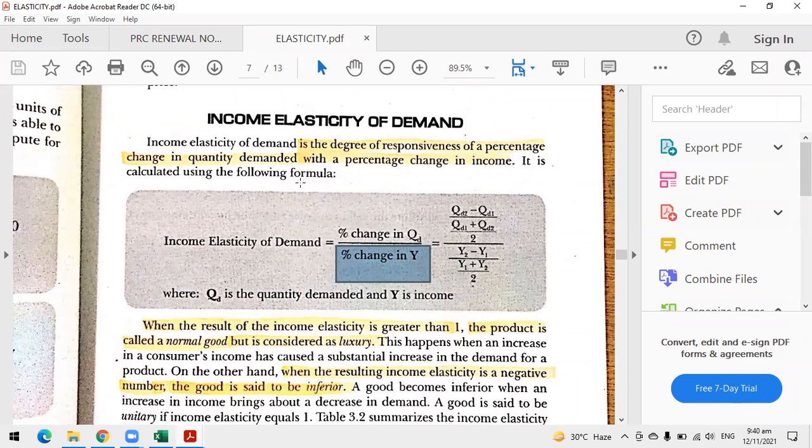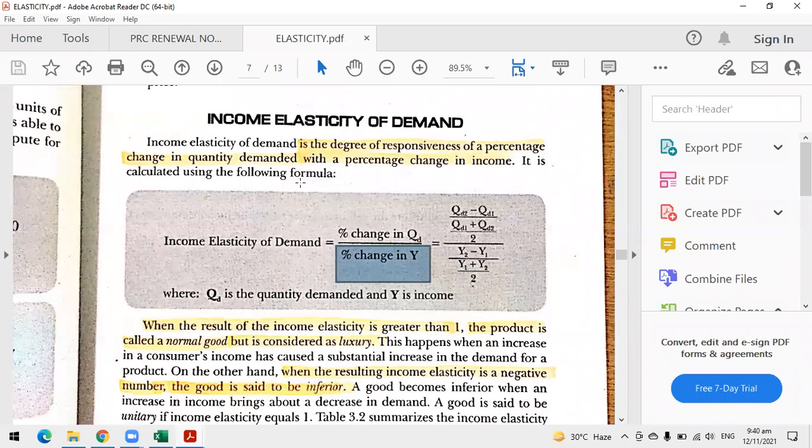Remember, na kung income ang pinag-uusapan natin, pag lumaki yung income natin, mas malaki yung purchasing power natin. Therefore, we will demand for more. Pero kapag bumaba yung income natin, syempre, bababa din yung quantity demanded natin, as we know with the basic na demand theory.